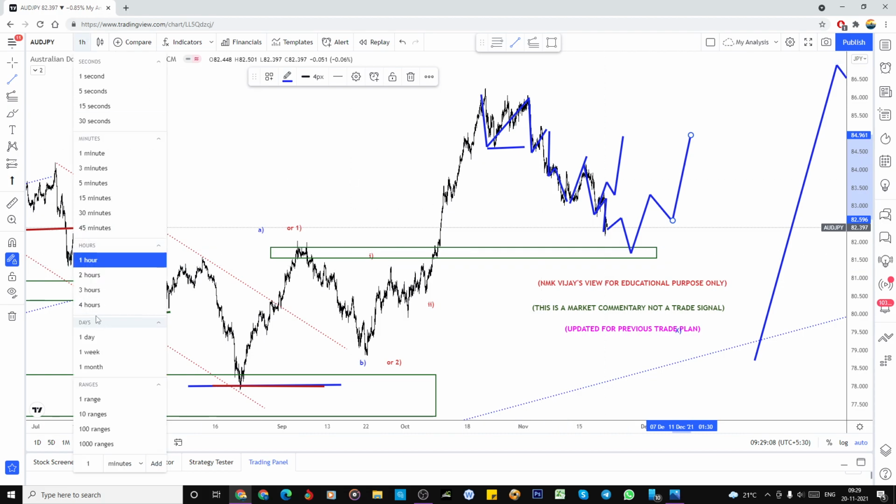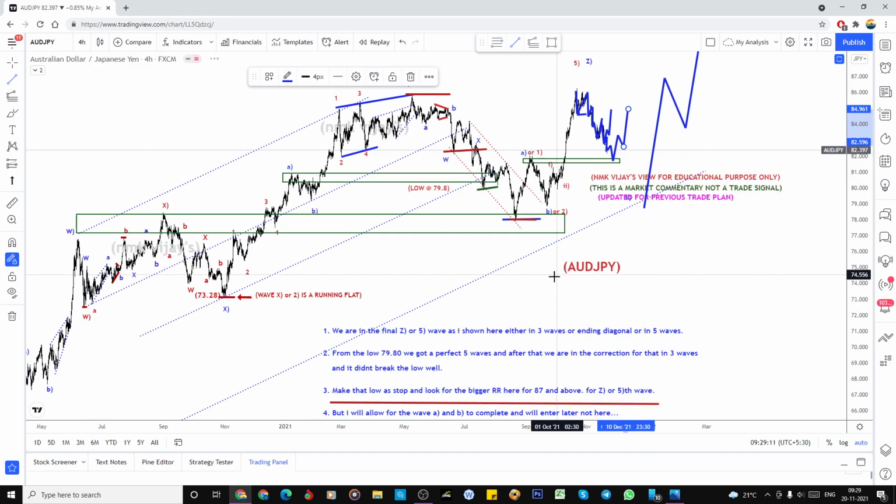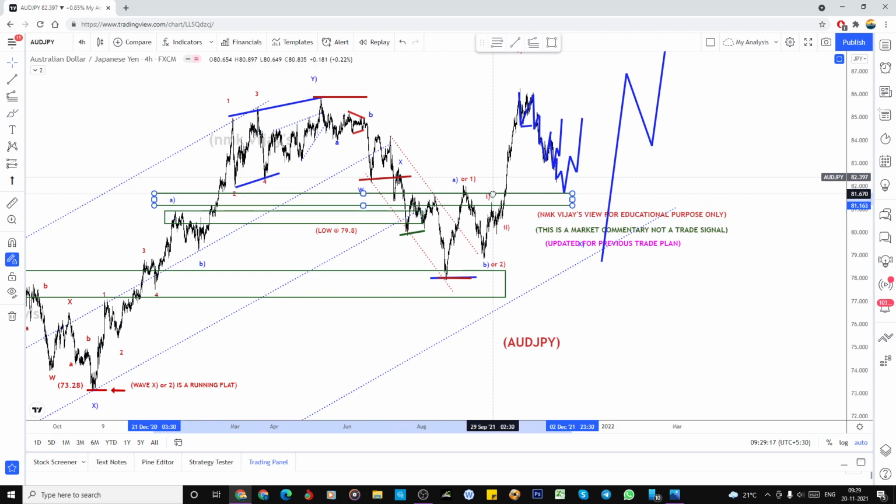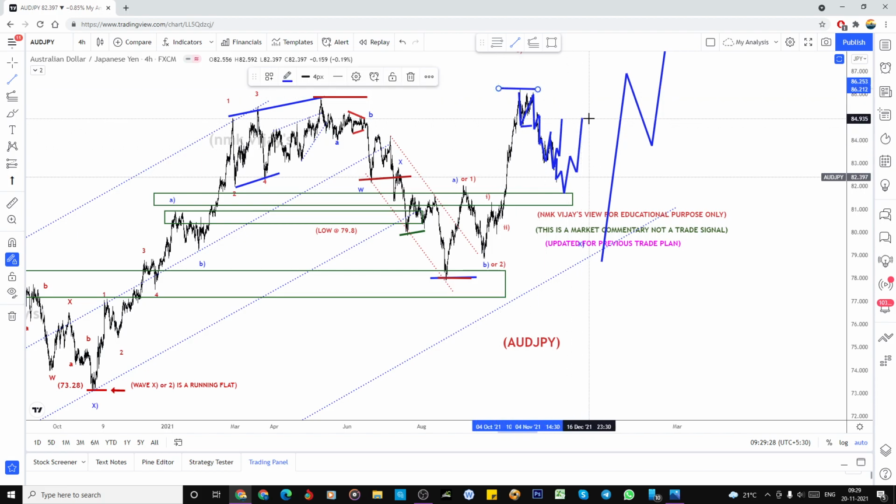So in the 4-hour, the daily or the weekly, this is a strong support zone so far. So wait for it to hit this zone and expect only a 3-wave structure. If it is going to break this, that is impossible in my view so far. Once this 3-wave structure is completed, again I'm expecting one more low.